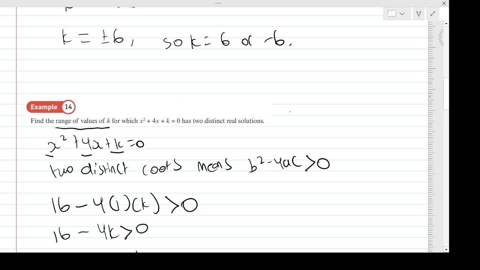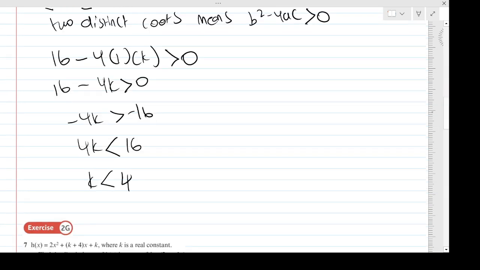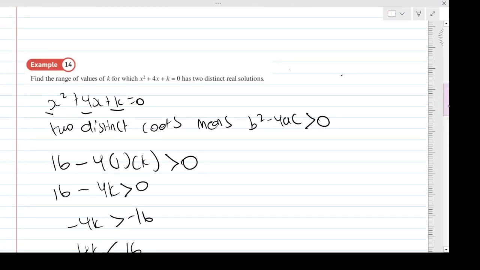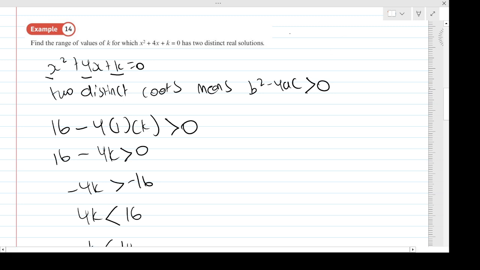So for any value of k less than 4, the quadratic will have two distinct roots. And if we link back, that means the graph crosses the x-axis two separate times.